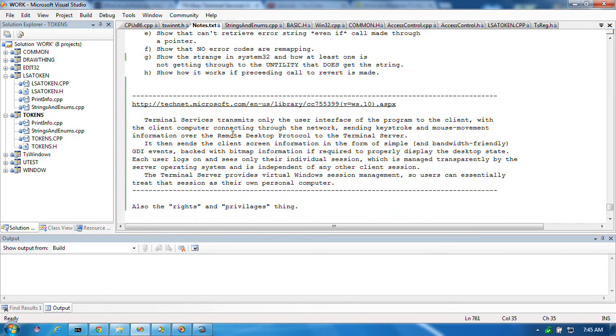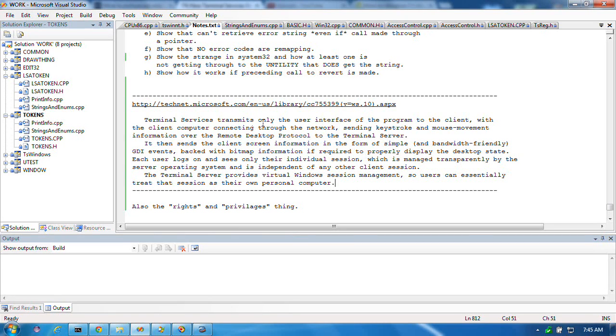Now here they're just talking about a real network, okay, where everyone's got a terminal, and the terminal is just a dumb terminal that's connected to a network, which is the network of the organization. And the way that they connect to that network is through terminal services.